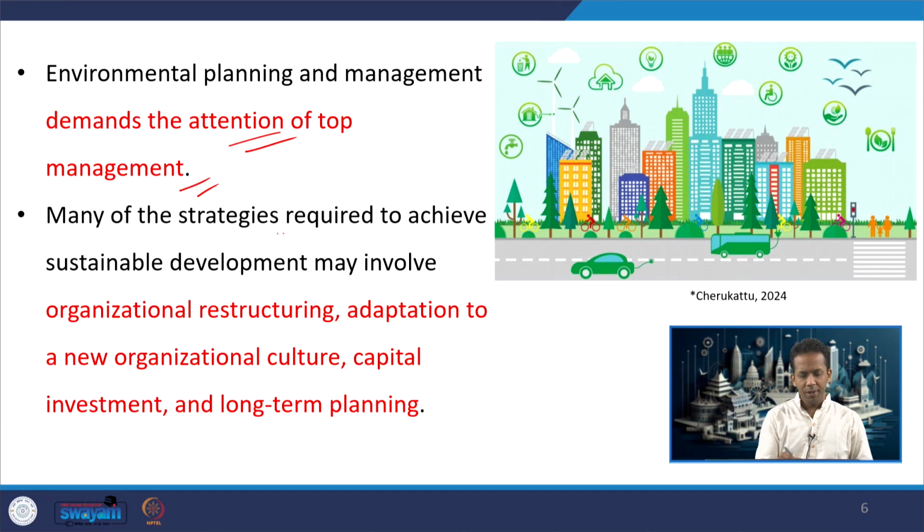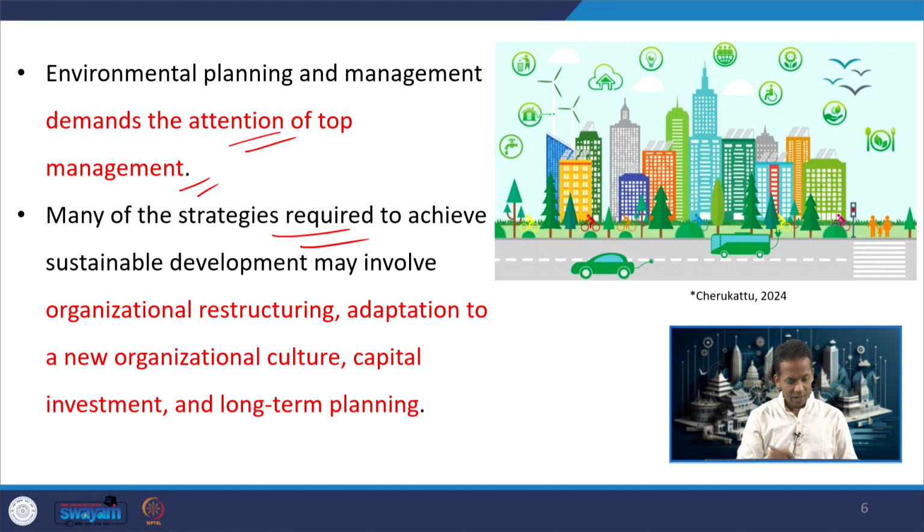Then most of the strategies that would be required to achieve the environmental front or sustainable development will need a lot of restructuring, reshuffling of the organization. A new culture would be required to develop in the company which has not been working towards environment, and now they are suddenly asked, okay, you have to change your processes because it has to be environment friendly.